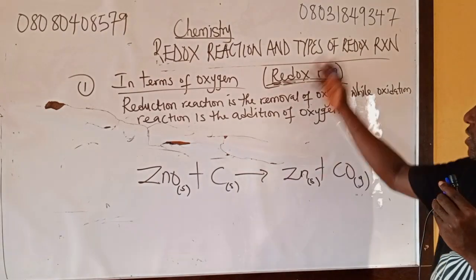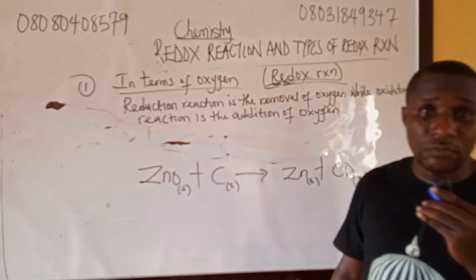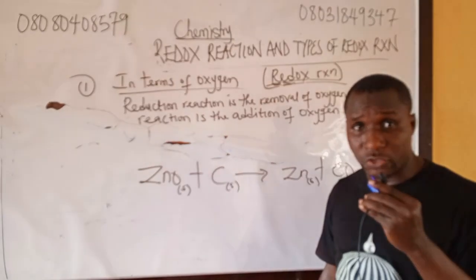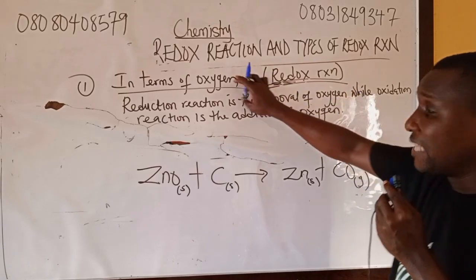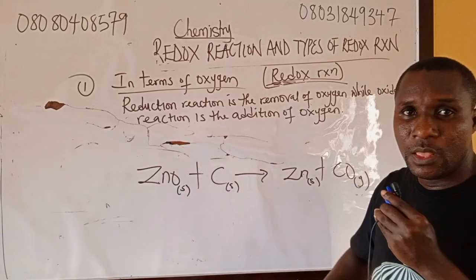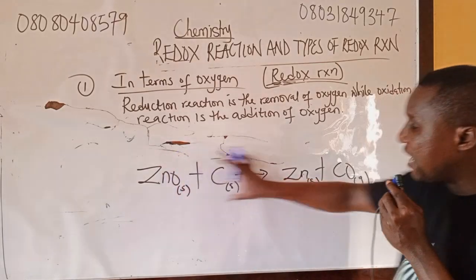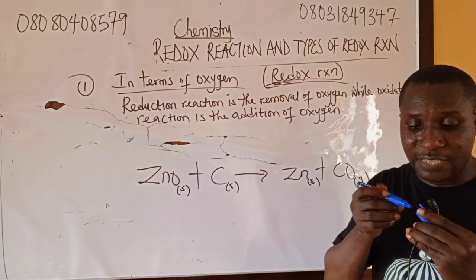When we go to types of redox reaction, I will give you types of redox reaction and some reactions that cannot undergo redox reaction. In WAEC, they will ask you to define redox reaction in terms of oxygen and illustrate with a chemical reaction. But in JAMB, they will give a chemical reaction and ask you to identify the reducing agent and oxidizing agent.